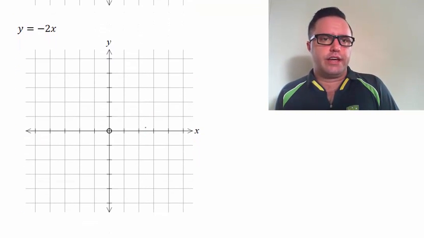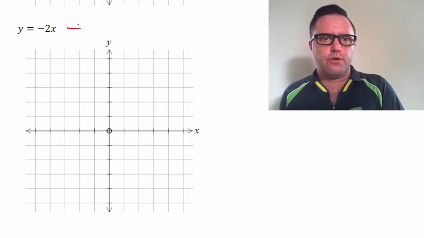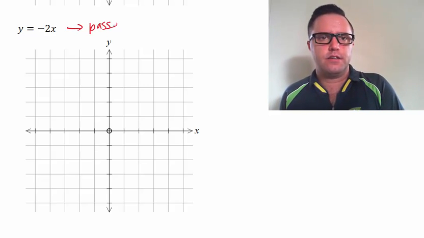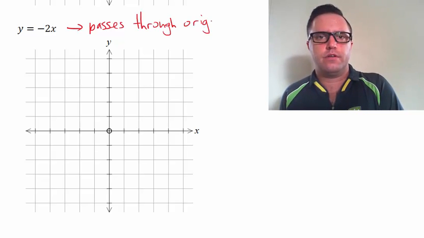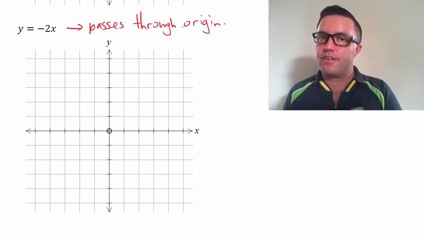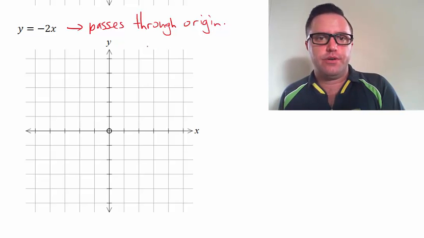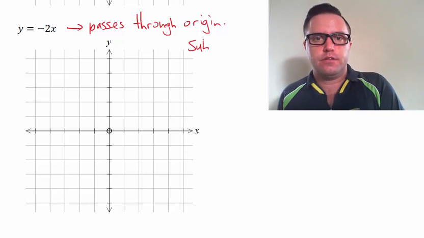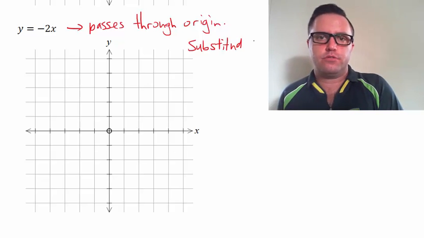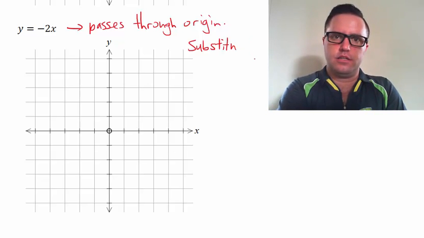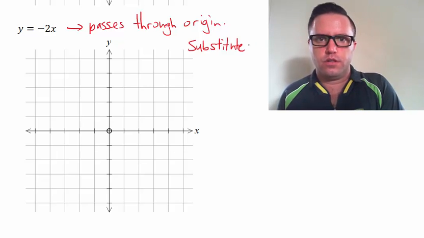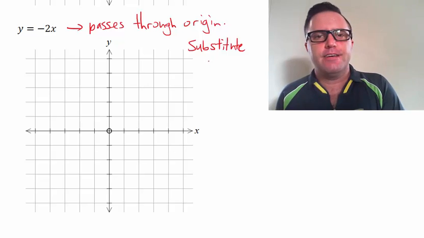Now y equals negative 2x. When it's of this form, we know that it passes through the origin. To get another point to draw a line, you just substitute any other x value. So substitute x equals 2 into that.